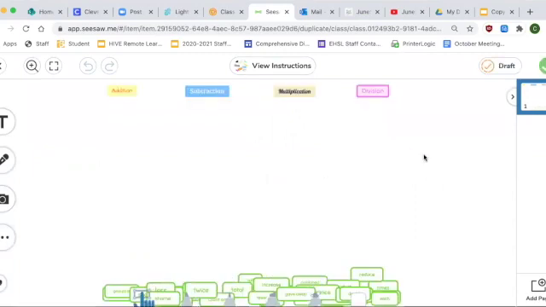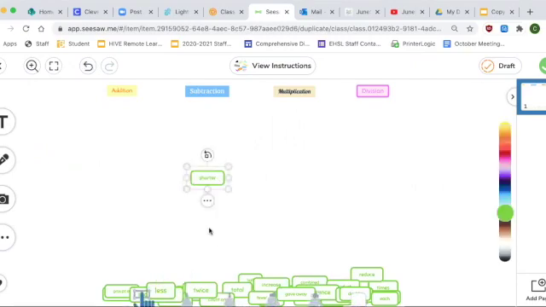This is the part where I want you to focus on today. I want you to focus on putting the keywords where they need to go. So shorter. I think shorter, because it means that something is less than, goes in subtraction. Gave away. Well, that's subtraction because it's going away.